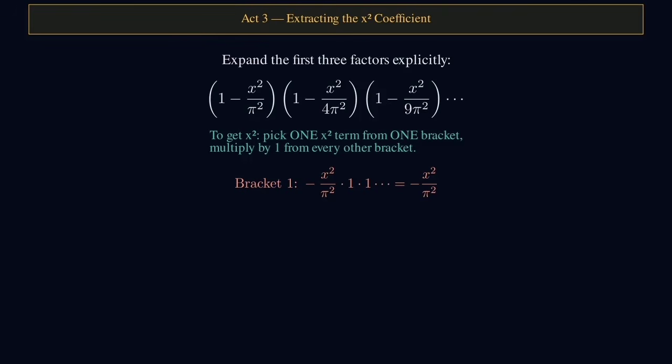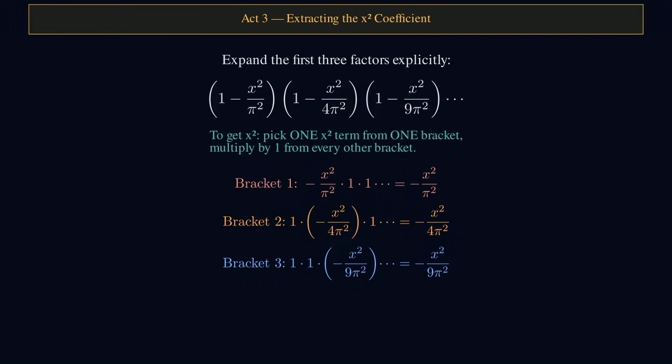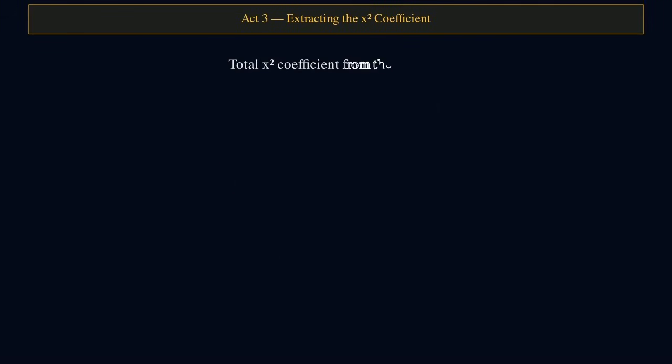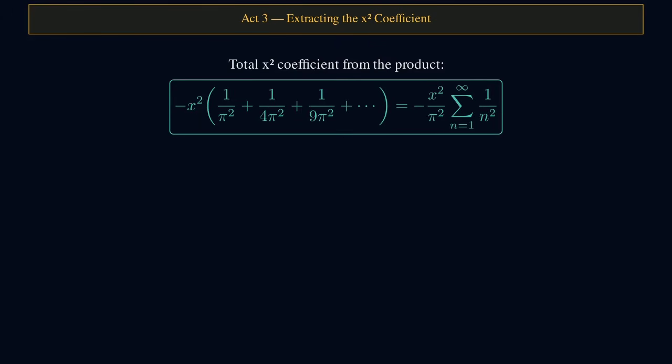From bracket 2, negative x squared over 4 pi squared. From bracket 3, negative x squared over 9 pi squared. Add them all up. The total x squared term is negative x squared times the sum of 1 over n squared pi squared for n from 1 to infinity.